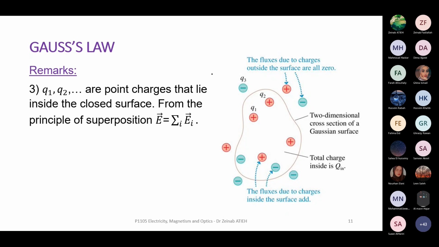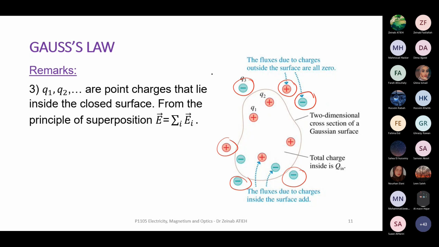All the charges that are outside each produce a total flux of zero. So all of these charges outside give zero flux. I don't care about them, I don't look at them at all. It's not that they don't create an electric field, they do, but their total effect does not show up as flux. Okay, according to Gauss's law, integral E·dA, I want to sum the flux of all charges. I can add the flux of an external charge, but its flux is zero, so I don't take it into account. What remains are the charges that are inside.